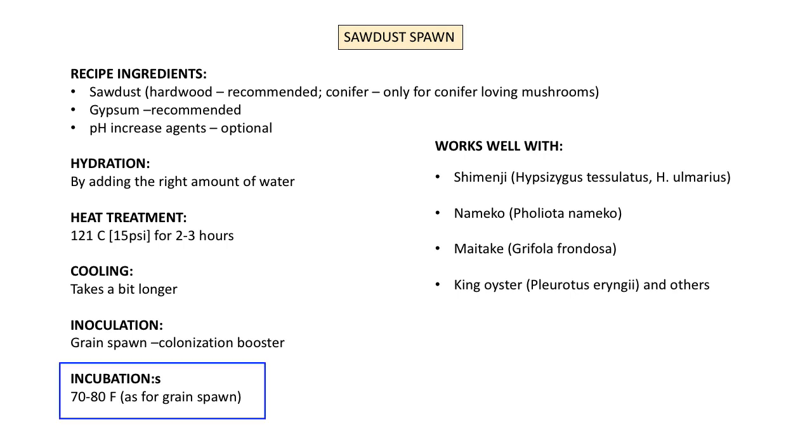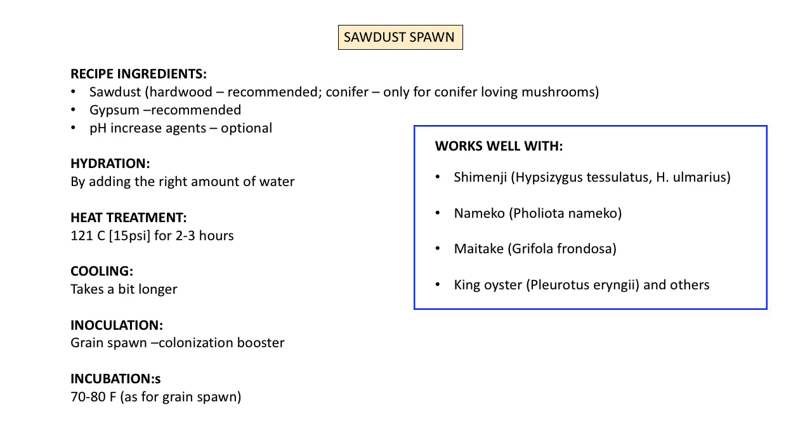Now the incubation is the same, just in the other case. Also here, make sure to shake bags or bottles 4 days after inoculation just to speed up the colonization time. Sawdust spawn works well with fungi like shimeji, nameko, king oysters, or reishi.